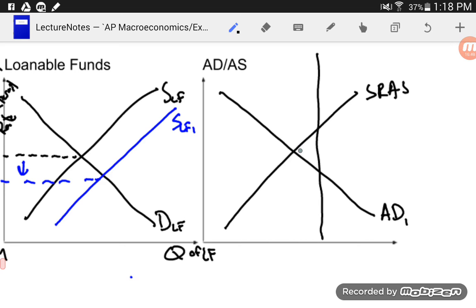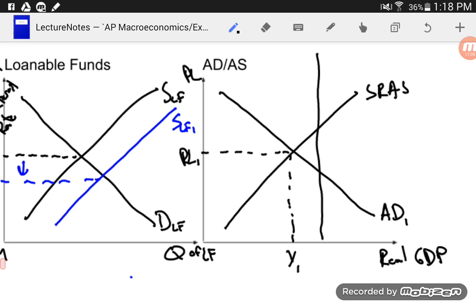So we were at this point here, the price level, I've got to get all my labels in here, real GDP.